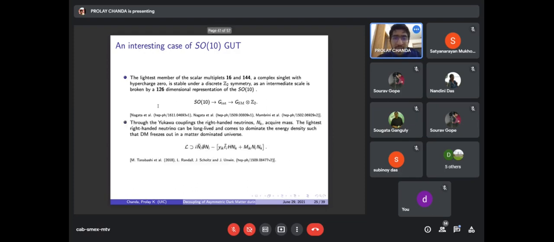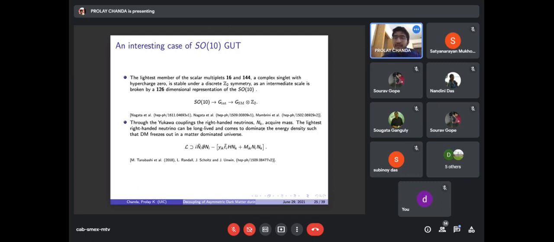And with that, we consider the right-handed neutrinos, which acquire masses through Yukawa couplings, which is defined here. The small L here is the lepton doublets. We consider the lightest right-handed neutrino, and if it is long-lived enough, then it can cause the matter domination we have been talking about till now.